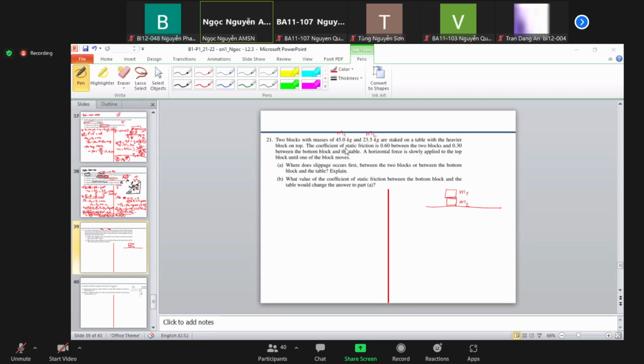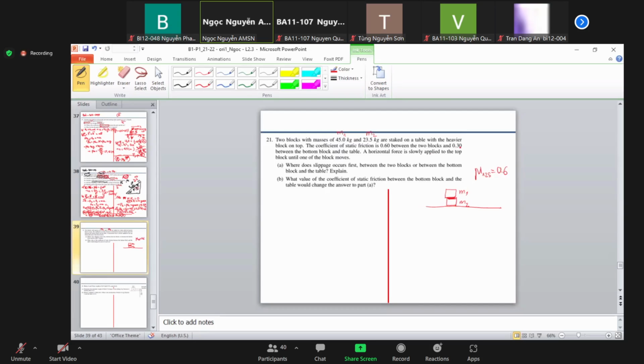Okay, the coefficient of static friction is 0.6 between the two blocks. Here we have the interface between M1 and M2. What does this mean? It means maybe we have relative motion between M1 and M2, where we have to care about friction. They give you the static friction between M1 and M2, so I will call it mu 1S, equal to 0.6.